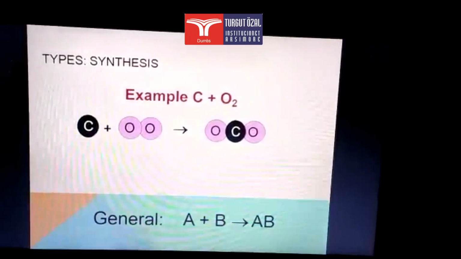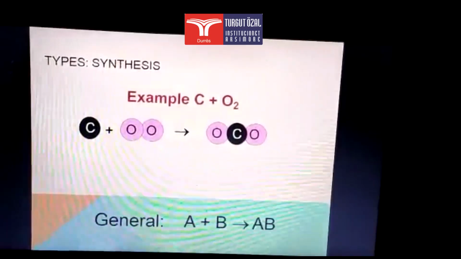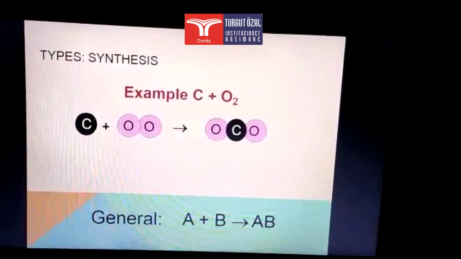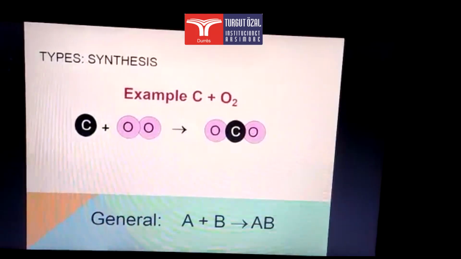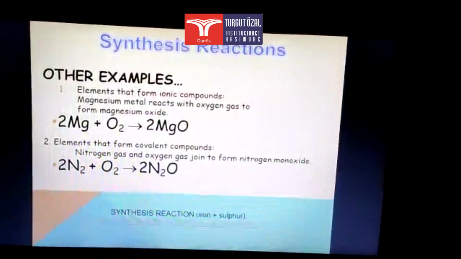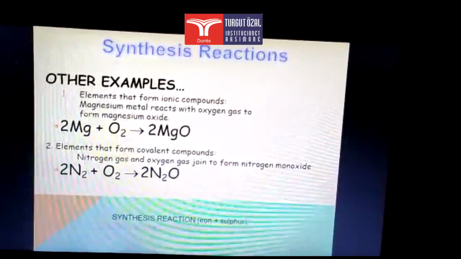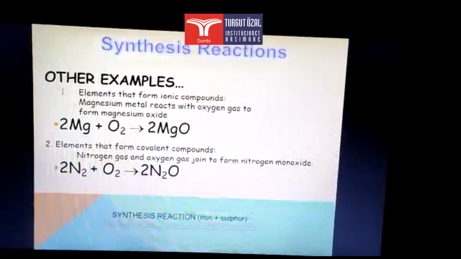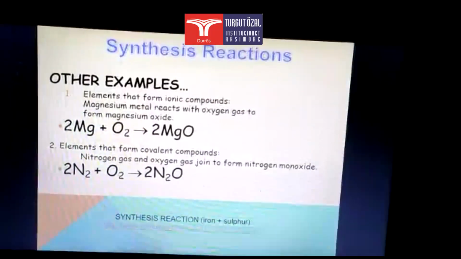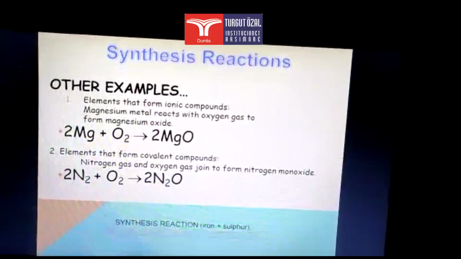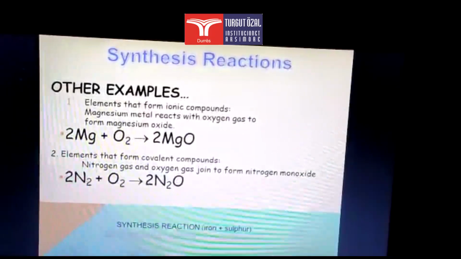For example, we have carbon plus oxygen: one carbon and one molecule of oxygen gives carbon dioxide. So, A plus B gives AB. Other examples: elements that form ionic compounds, like magnesium metal reacting with oxygen gas to form magnesium oxide. Elements that form covalent compounds, like nitrogen and oxygen, join together to form nitrogen monoxide.